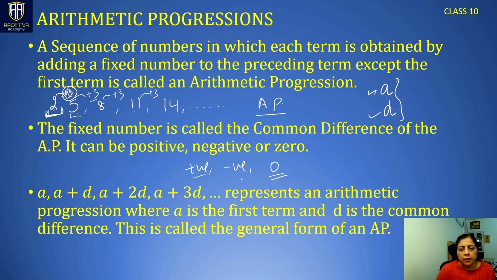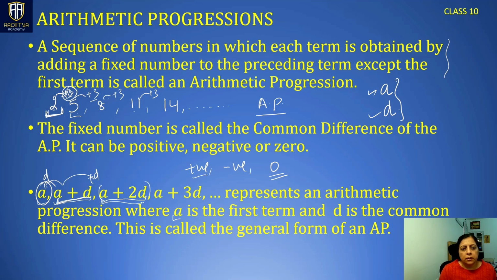Just to simplify this language, we can write that A, A plus d, A plus 2d and A plus 3d represents an arithmetic progression where A is the first term. Now keep on adding d to the previous term. If I add d to A, I will get A plus d. If I add another d to this existing A plus d, it becomes A plus 2d, which is the next number.